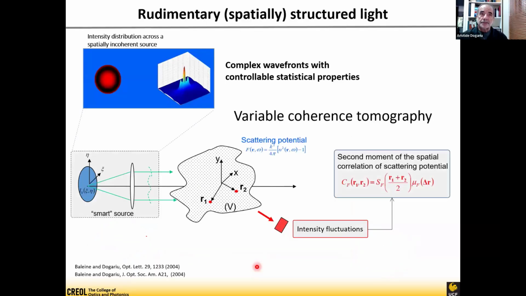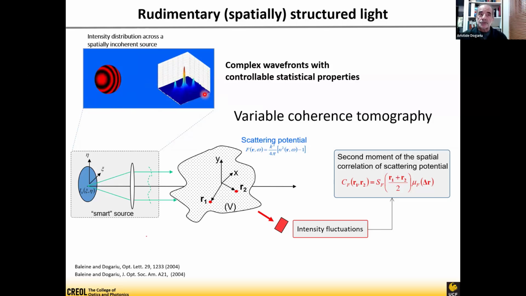The most rudimentary example of this procedure is illuminating a scattering potential with an adjustable, spatially partially coherent field. This is probably the simplest way to think about a structured field.